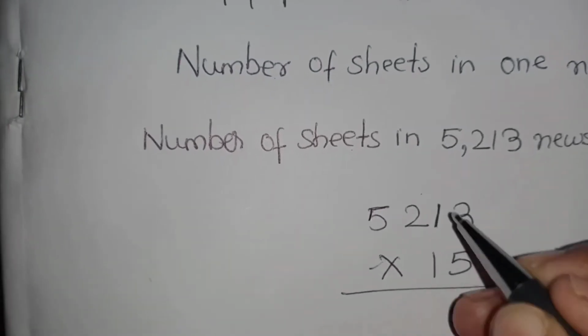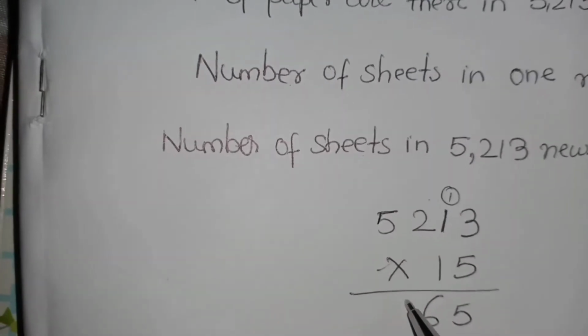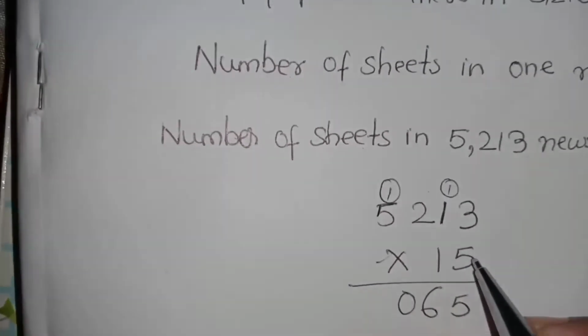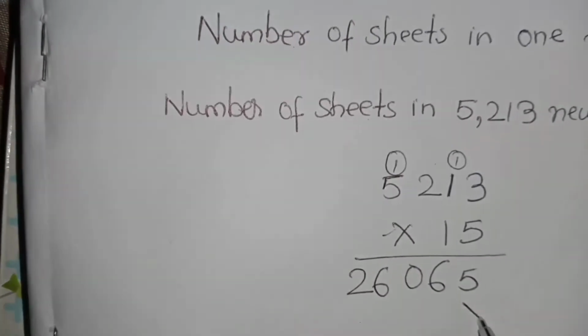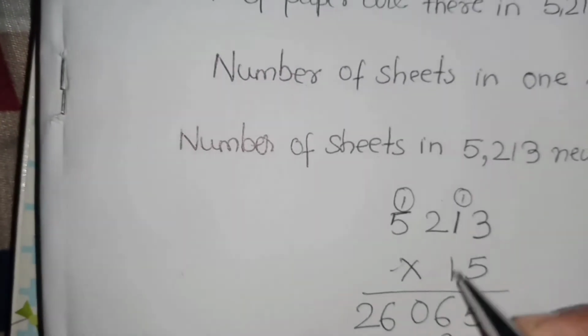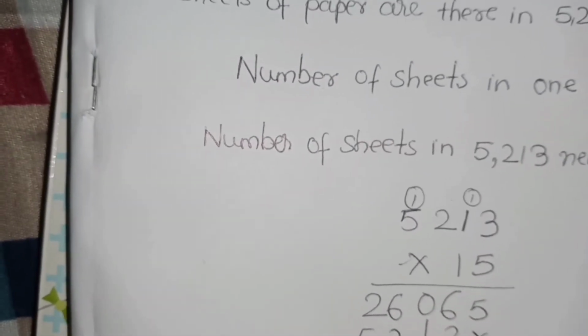Now let's do the multiplication. 5 3s are 15, 1 carry. 5 1s are 5 plus 1 is 6. 5 2s are 10, 0 I will write here, 1 I will carry. 5 5s are 25, 25 plus 1 is 26. Into 1: 1 3 is 3, 1 1 is 1, 1 2 is 2, 1 5 is 5.